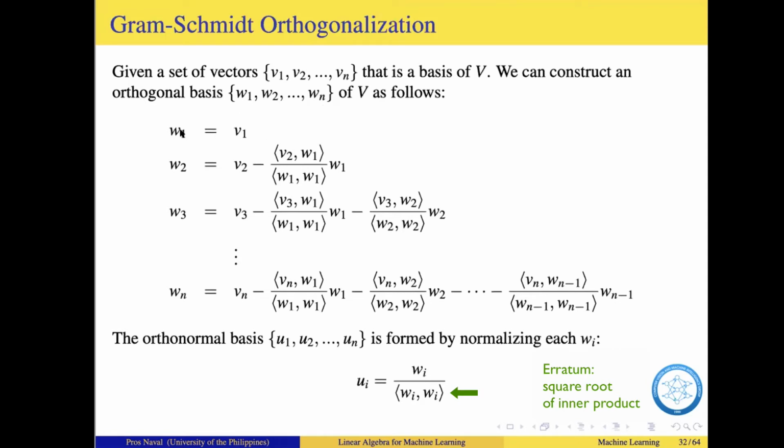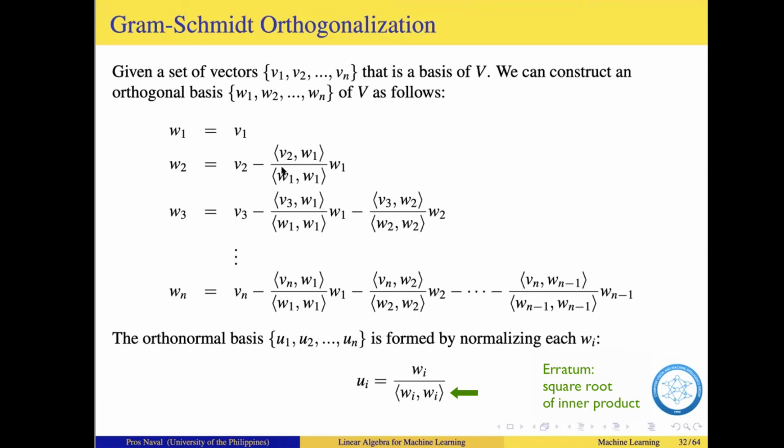We set W1 to V1, then we equate W2 to V2 and subtract from V2 the inner product of V2 and W1 divided by the inner product of W1 with itself, and multiply that by W1. So this numerator and denominator are both scalars.